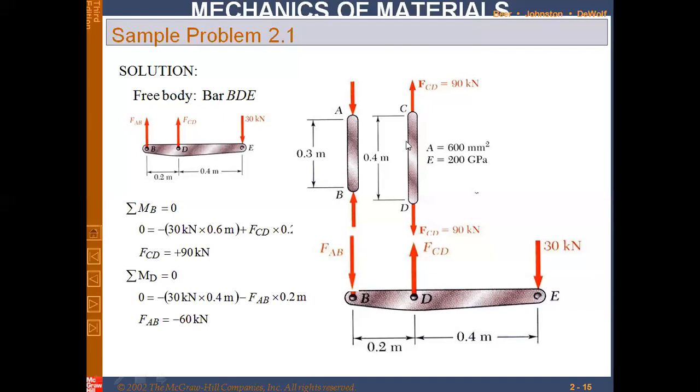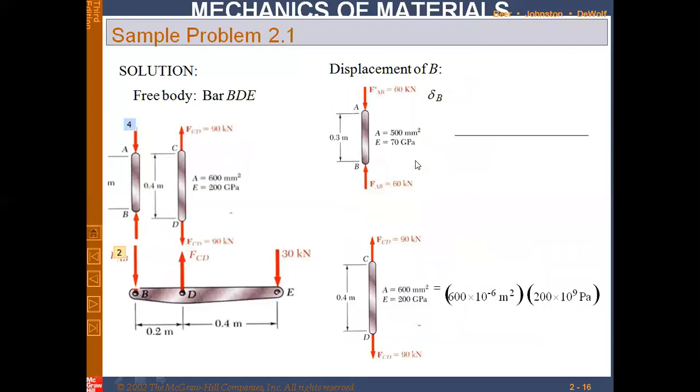After doing that, you can see this link is in tension, and because of that, the length would increase. The deformation would be positive. There would be elongation in the link. So up till now, we have calculated the loads, and we have seen which link is subjected to compression and which link is subjected to elongation.